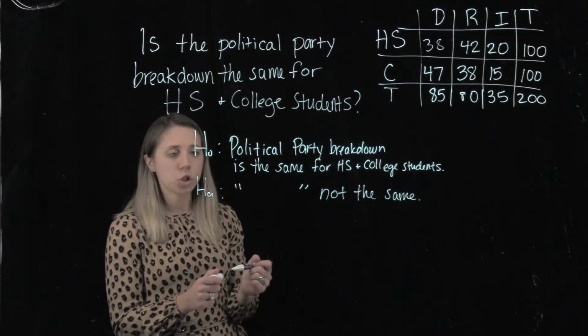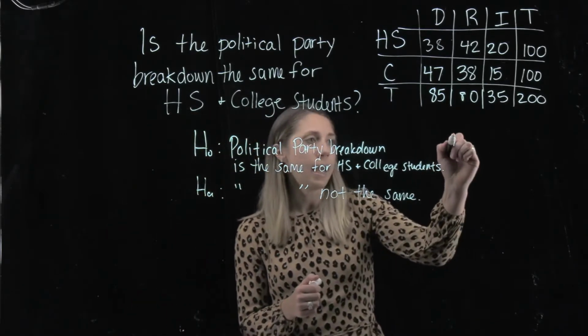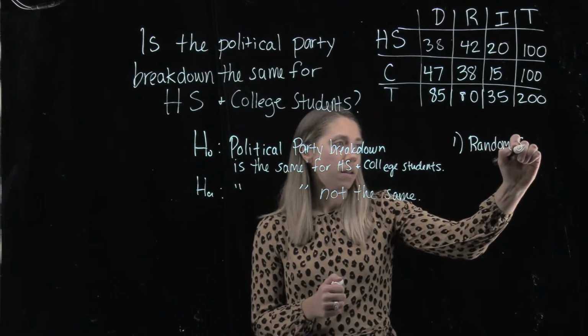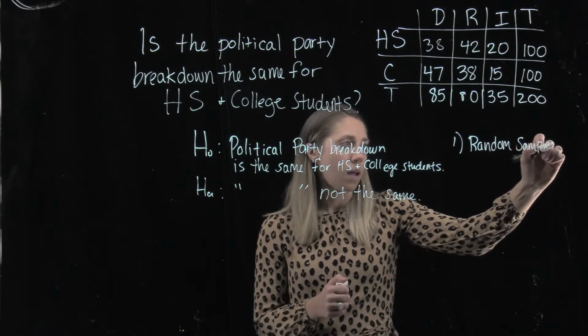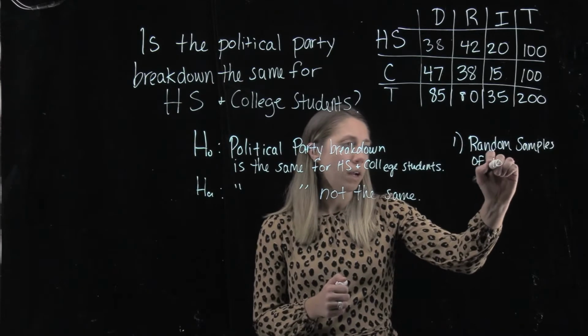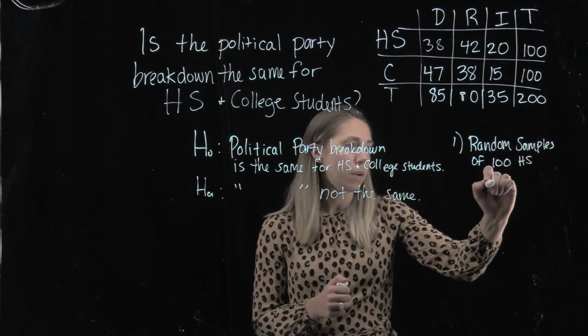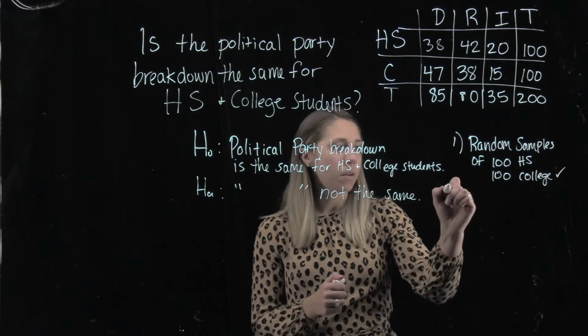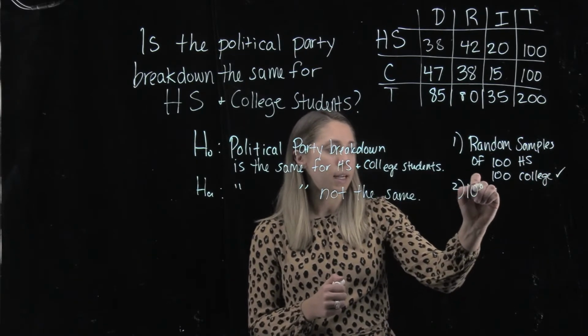Now, let's check our conditions first. We have two random samples of 100 high school students and 100 college students. So that works out. Now let's check our 10% condition.